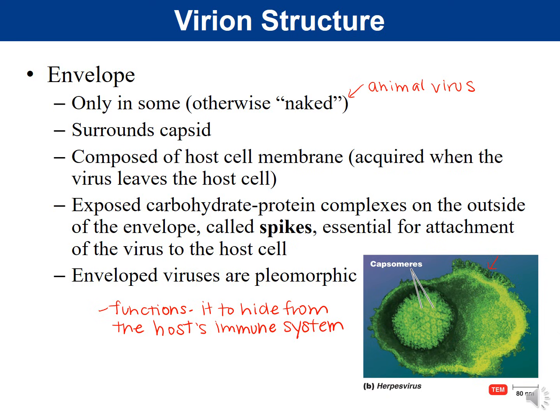When we look at enveloped viruses, they can be pleomorphic. And remember, pleomorphic means many shapes. And that's because this membrane or envelope on the outside is a very fluid structure. And so these enveloped viruses have many shapes.